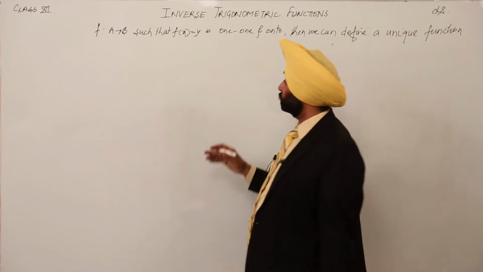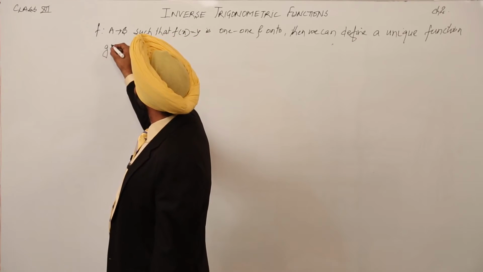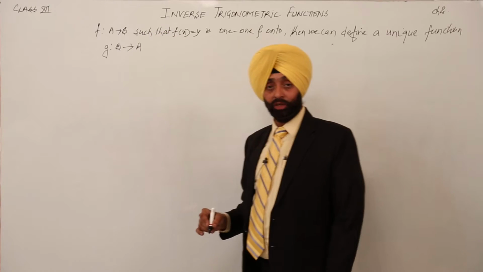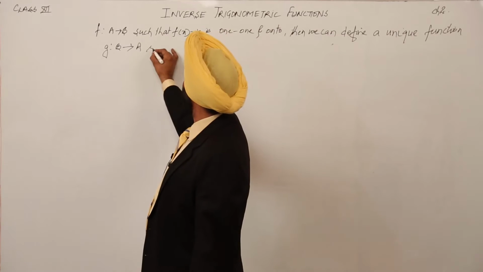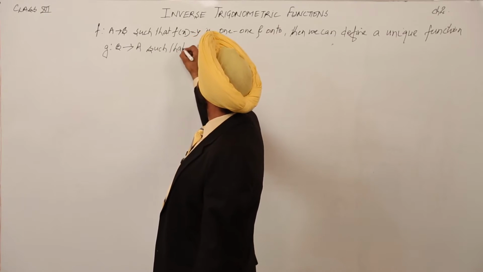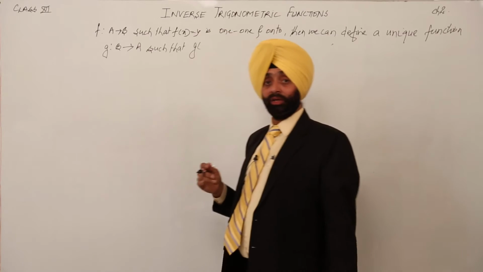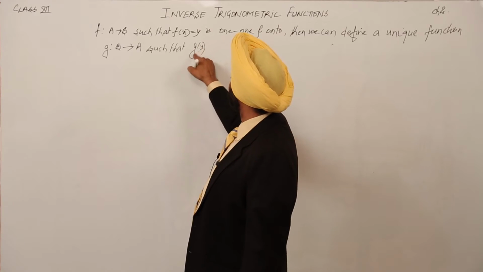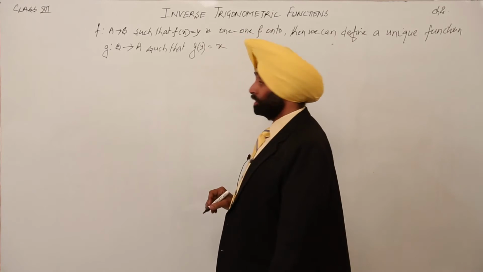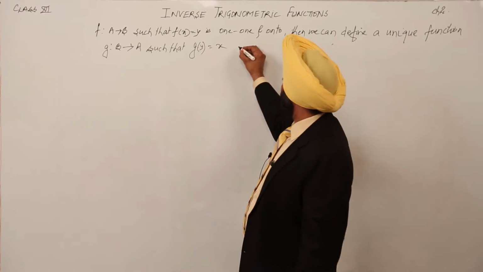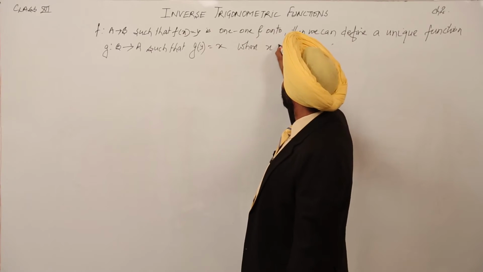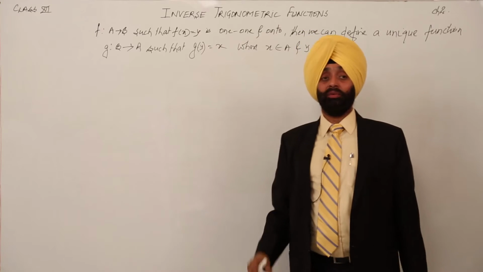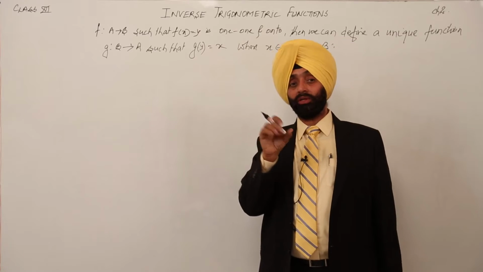Now we are taking another function, a function g from B to A such that, from y to x, g(y) is equal to x, where x belongs to A and y belongs to B. If you remember, this was a very nice definition for the inverse function.